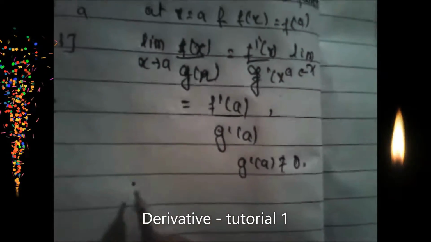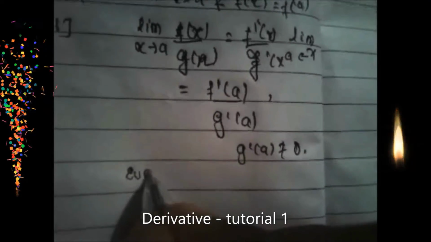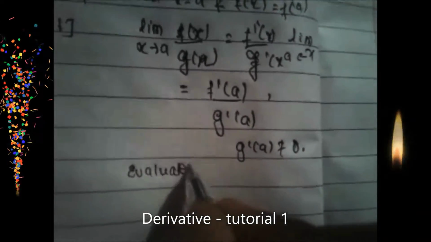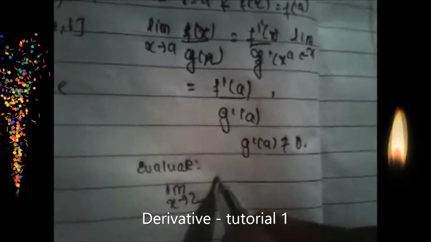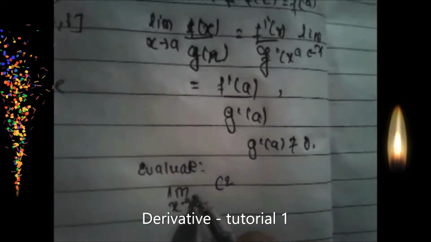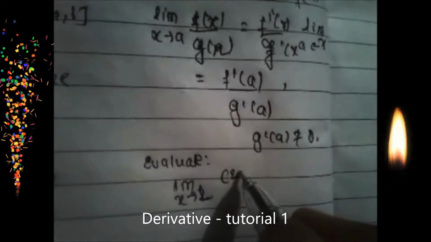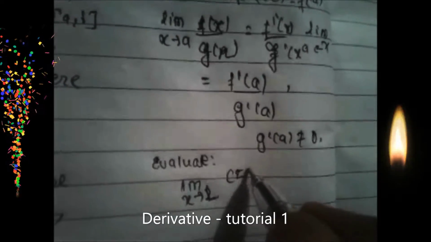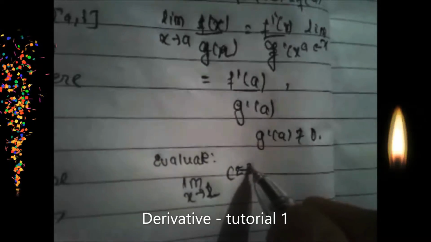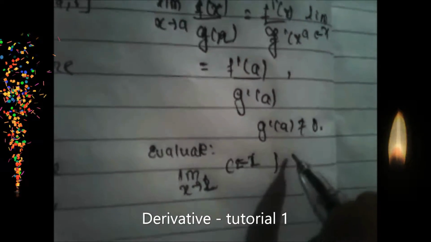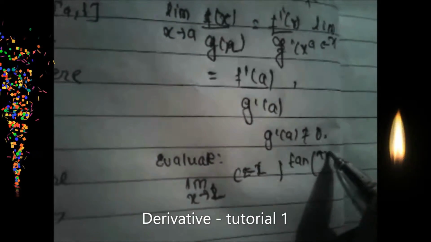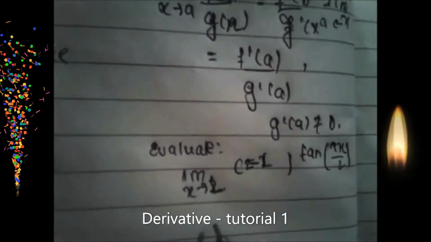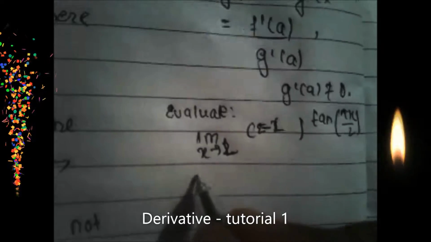And the next question asks to evaluate limit x tends to 1 of (2 minus x) to the power pi x by 2. How can we do this?